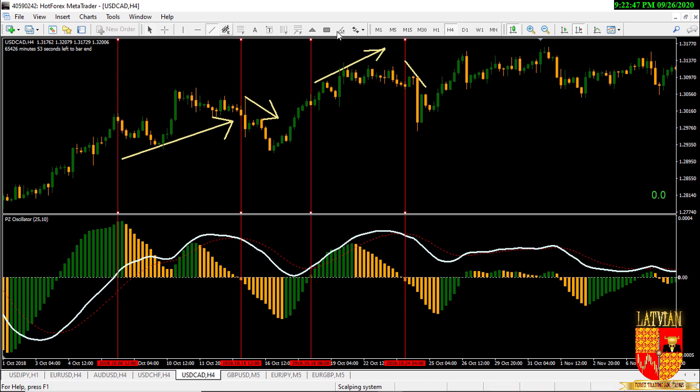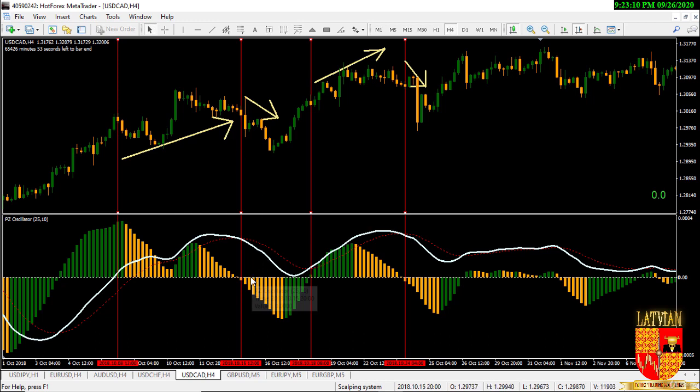Okay, so basically what are we getting from this? We are getting that as long as these histograms are above the zero line during an uptrend, we can say that we'll have an impulse move to the upside.